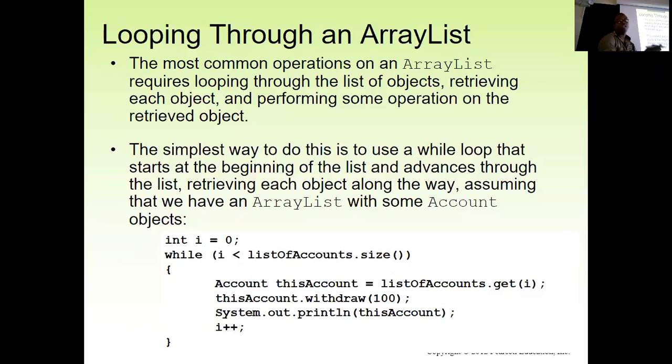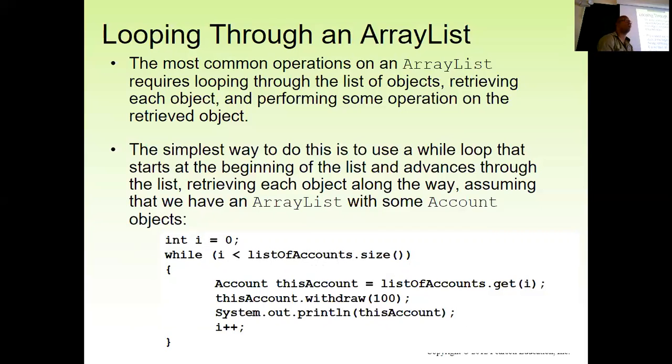If there are 100 items in the list or 200 items, then the indexes run from 0 to the total minus 1. So here we say while i, which starts at 0, is less than the size of the list. If the size was 30, then 29 is the last time this loop is going to run. It won't go to 30.